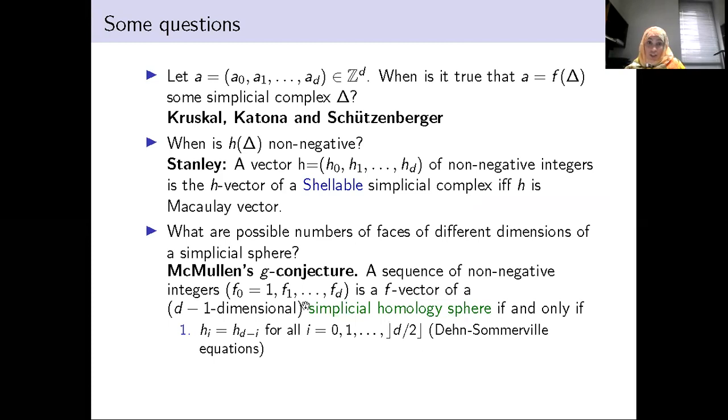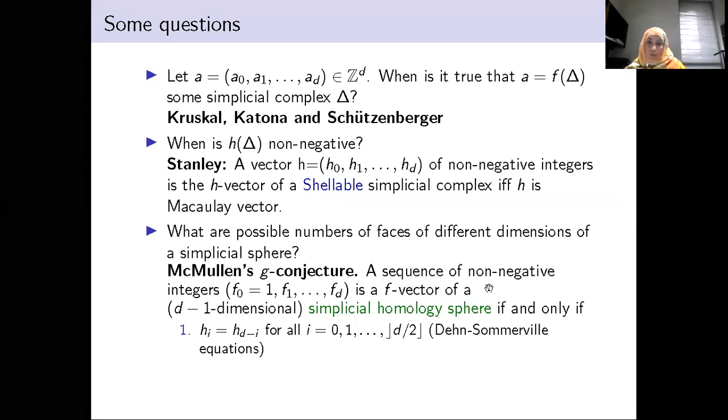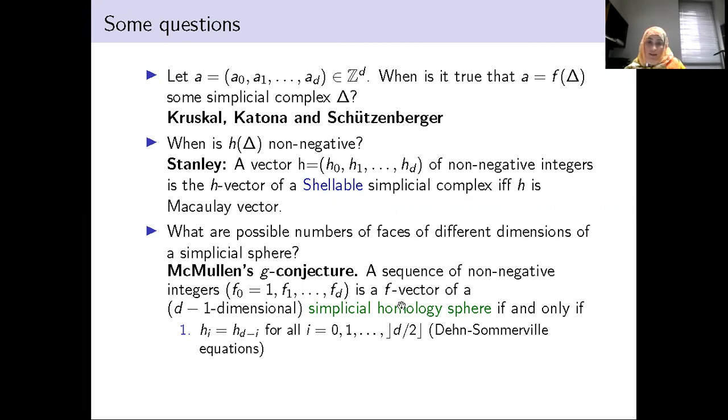It is called the g-conjecture, and it says that a sequence of non-negative integers is the f vector of a (d minus 1)-dimensional simplicial homology sphere. I wrote simplicial homology sphere here because at the beginning McMullen asked this question not for simplicial spheres but for simplicial polytopes, which is the more general terminology.